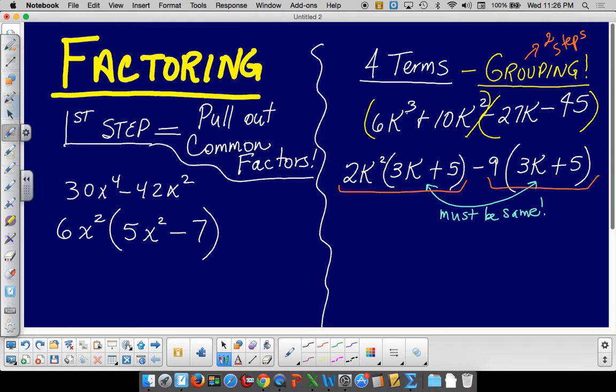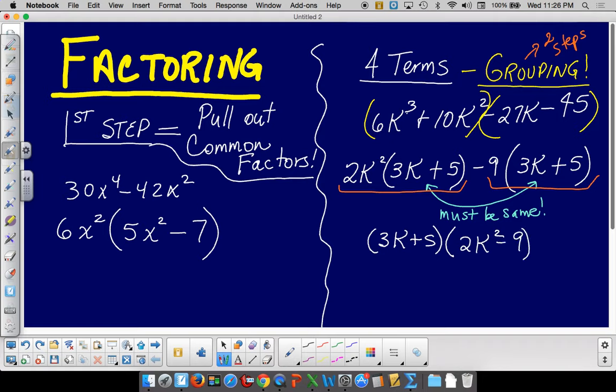What is in common between those two clumps? Well, both clumps have the quantity 3k plus 5. So what I'm doing is I'm pulling 3k plus 5 as a common factor. 3k plus 5 is moving out front, and I am left with 2k squared minus 9 then.